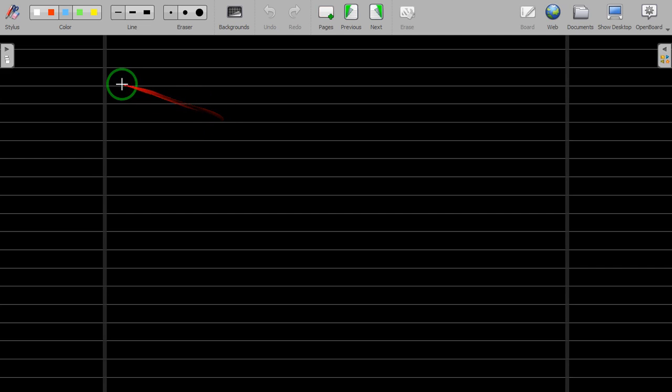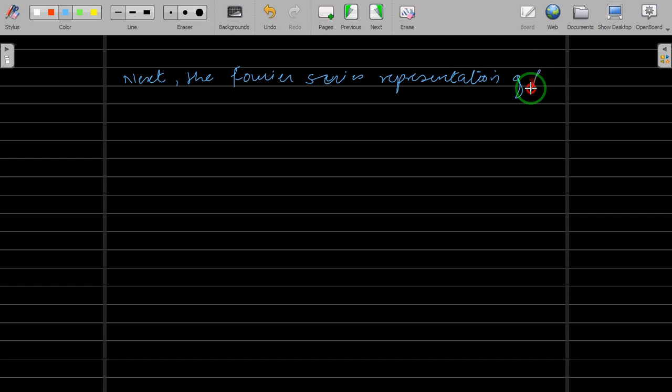So let us assume the Fourier series representation of f(x) is, let us write that representation as the summation over n from 1 to infinity of f_n phi_n(x). These are the eigenfunctions.